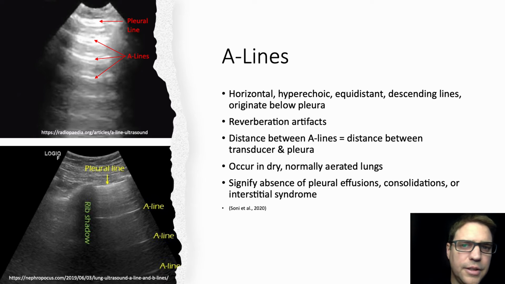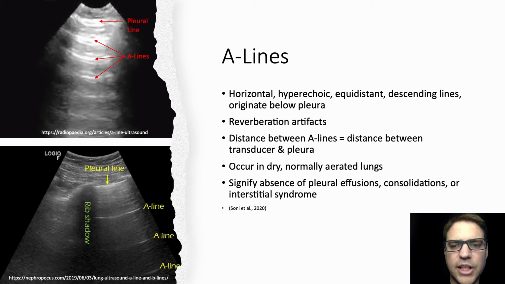A-lines, a finding in healthy lungs, appear as horizontal, hyperechoic, equidistant, descending lines that originate below the pleural line. They are best seen when the transducer is held perpendicular to the chest wall. A-lines represent reverberation artifacts created by the repetitive reflection of sound waves between the hyperechoic pleura and the POCUS transducer.